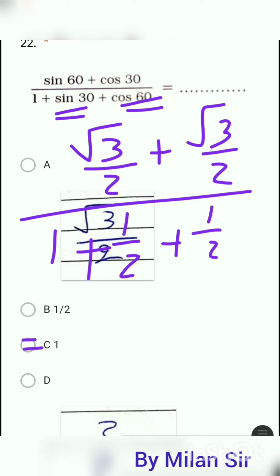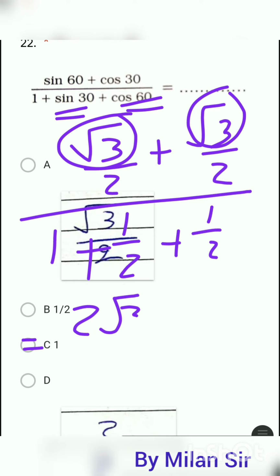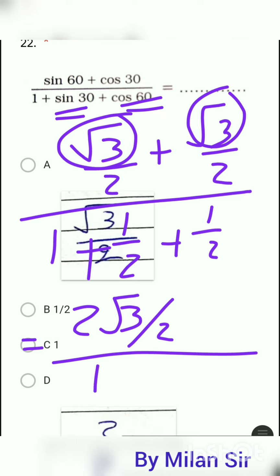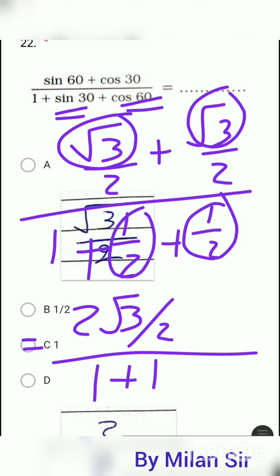Now in the numerator, the denominator is same, so directly we can add the numerators. Under root 3 plus under root 3 is 2 under root 3 divided by 2, and in the denominator we can directly write 1 plus, now half plus half is 1. 1 by 2 plus 1 by 2 is 1. Now from here we can cut this 2.